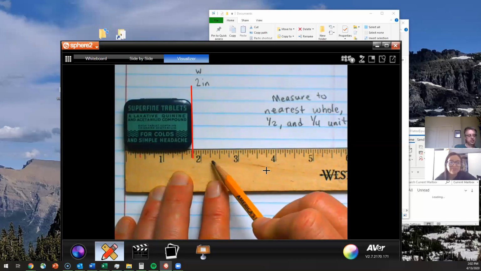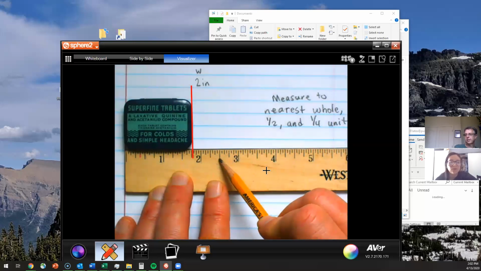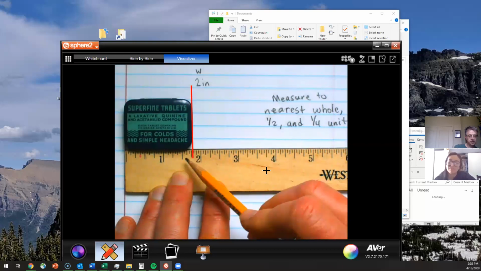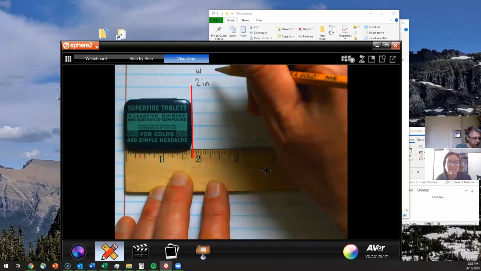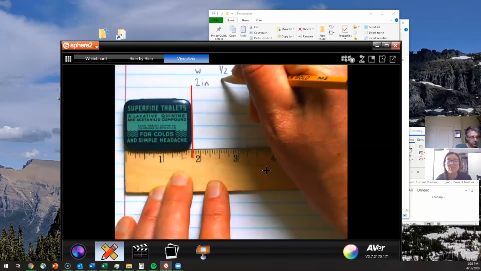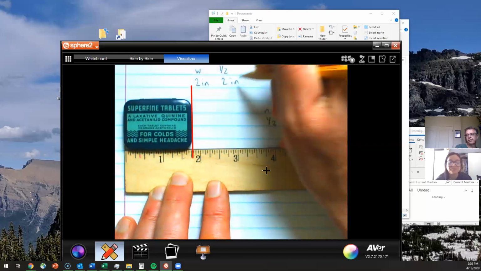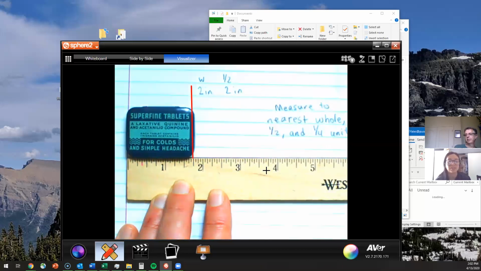Now our 2 1/2 is too far. Our 1 1/2 wouldn't measure the entire thing. So to the nearest 1/2 inch, it would probably be 2 inches, because it's the closest one and it would give us the most accurate. So 2 inches is going to be to the nearest 1/2.